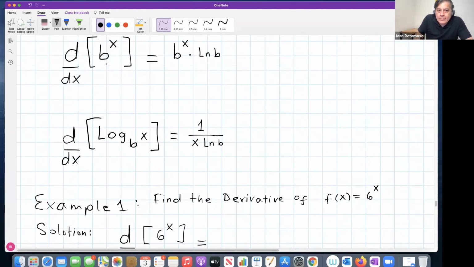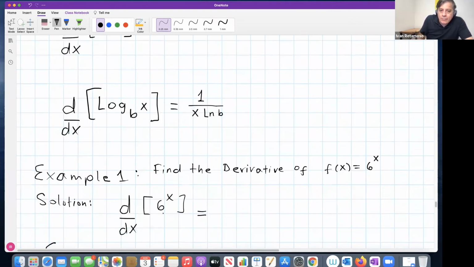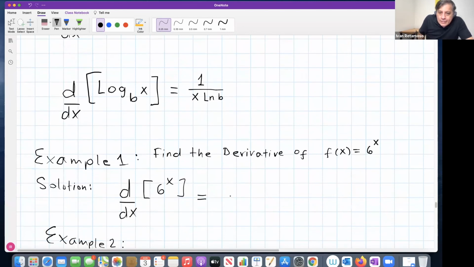The formula says this is equal to 6 to the x, b to the x, but then to compensate for the fact that this 6 is not e, you have to multiply by natural log of the base, natural log of 6. So it's a very straightforward formula. You write 6 to the x itself times natural log of the base, whatever it is, 6. So that's it. This is the answer.